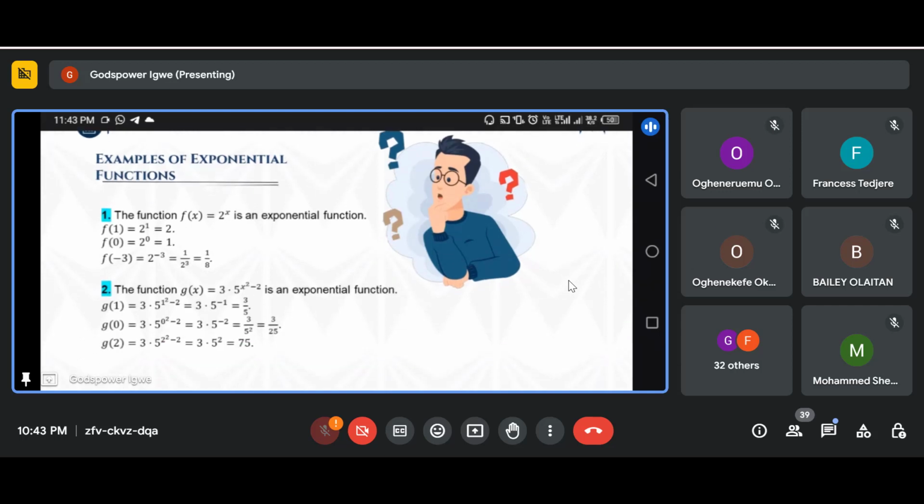Then the function 3 times 5 raised to power x squared minus 2 is an exponential function.